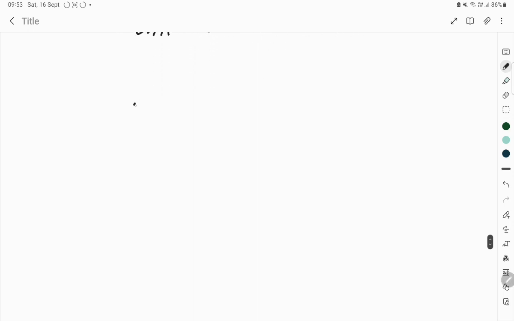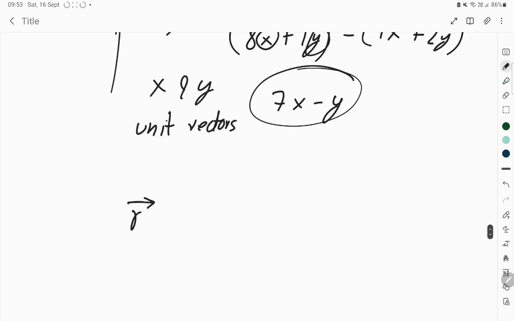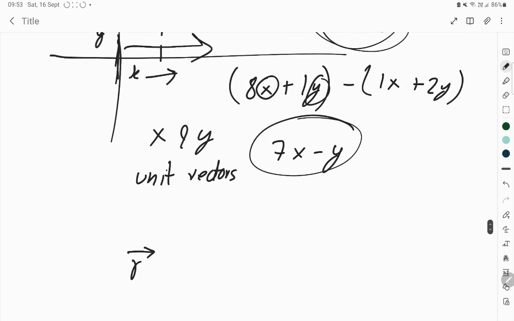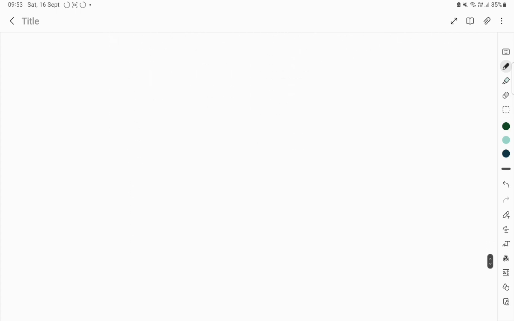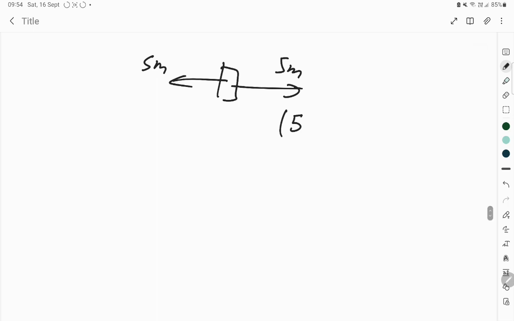Now, displacement is usually represented by r vector, because it's a vector quantity. It means that displacement depends on the direction. If you're here and you go 5 meters here and 5 meters here, the distance traveled is the same. The displacement is not. Why? Because the direction is different. If you go here, then displacement is 5x.